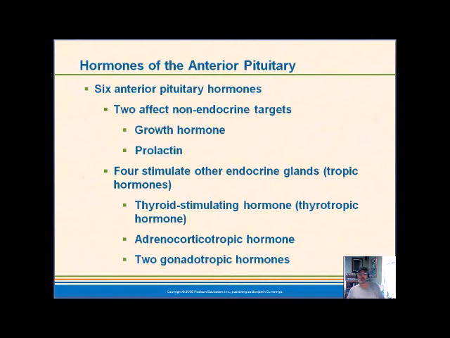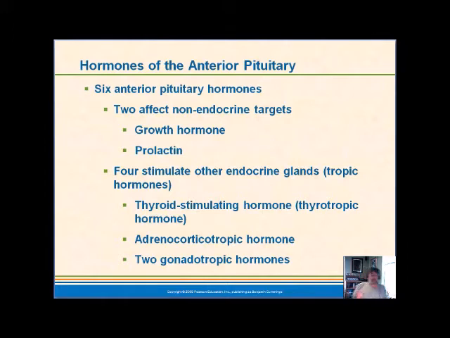Now, there are 6 pituitary hormones in the anterior that we need to deal with. 2 affect non-endocrine related targets, that is, they will affect general tissues within the body. So growth hormone is one, prolactin is the other, and then we have 4 that stimulate endocrine glands.